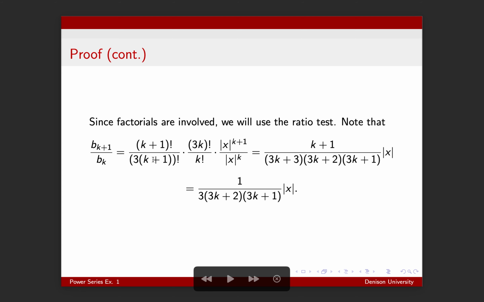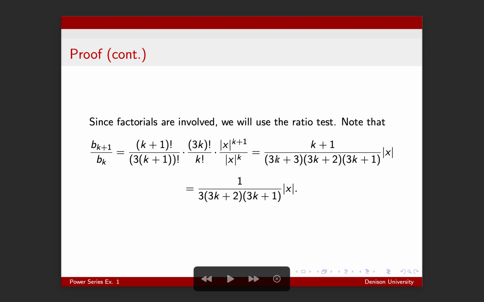So we bring out 3k plus 3, 3k plus 2, 3k plus 1, so that the 3k factorials can cancel. Finally, we rewrite the absolute value of x to the k plus 1 as the absolute value of x times the absolute value of x to the k. The absolute value of x to the k cancels, and we're just left with the absolute value of x.